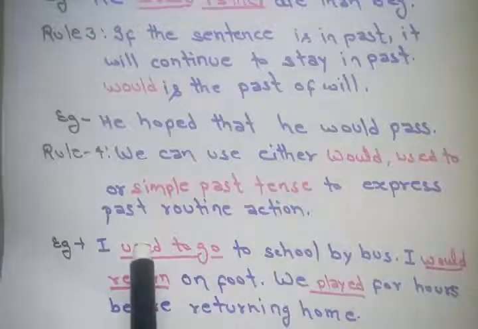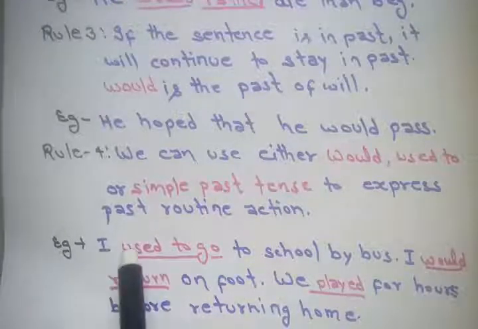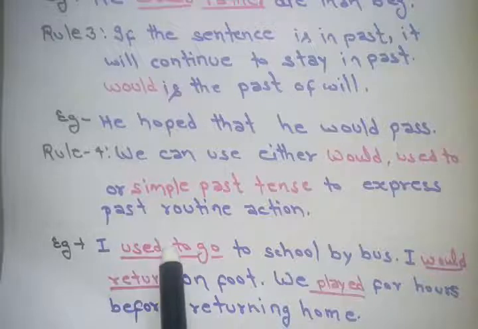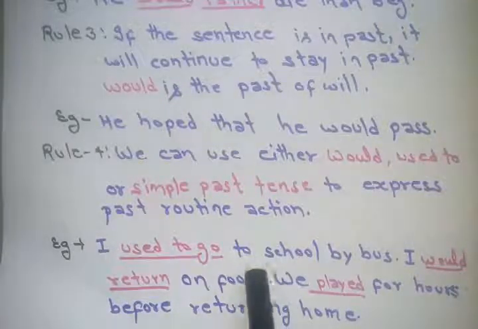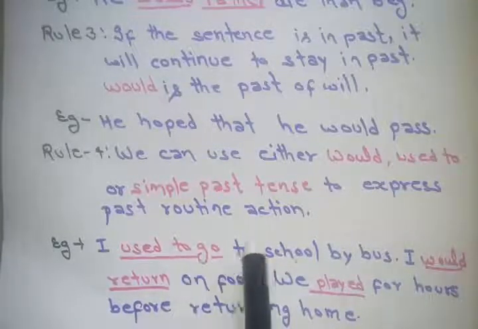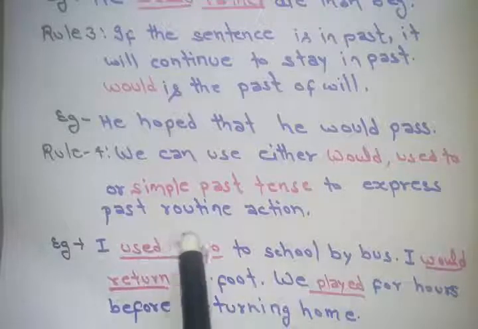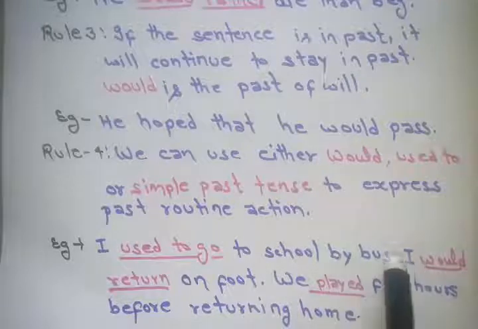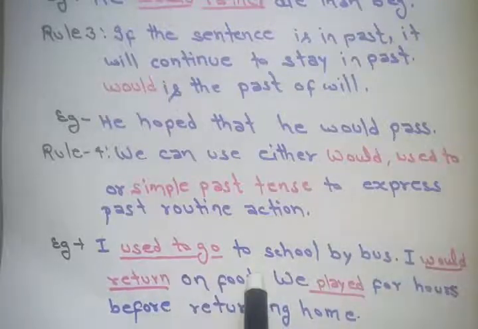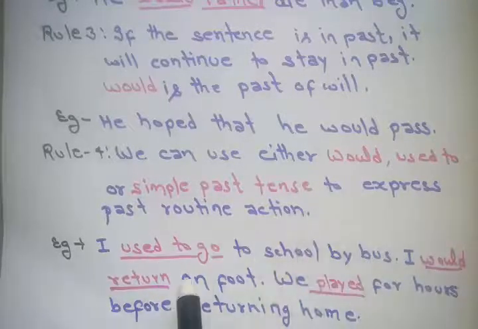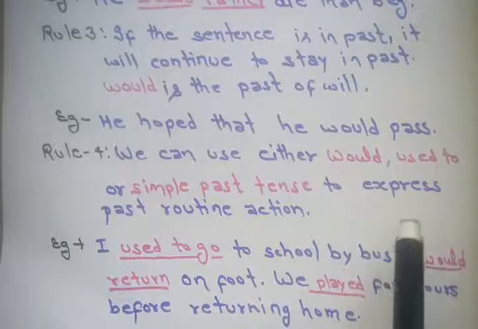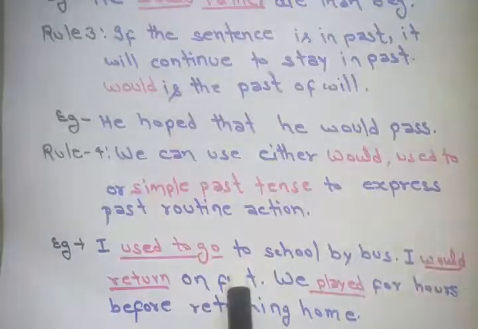Here is an example. First, I used to go to school by bus. We can write it, I would go to school by bus, and I would return on foot. I used to return on foot, and I would return on foot.